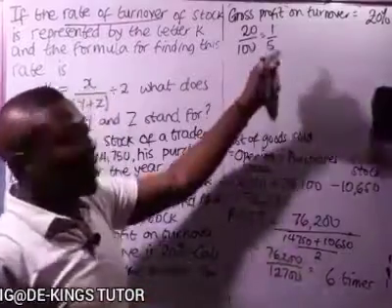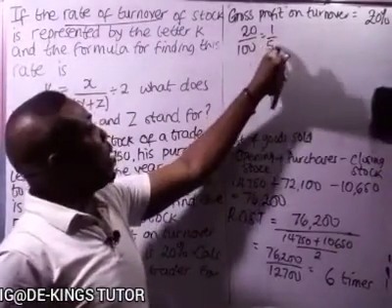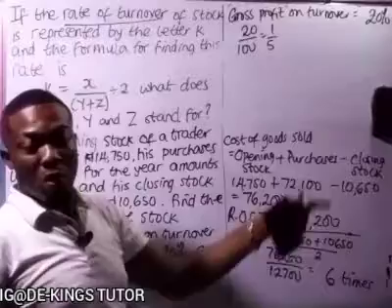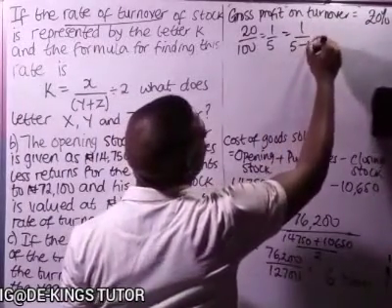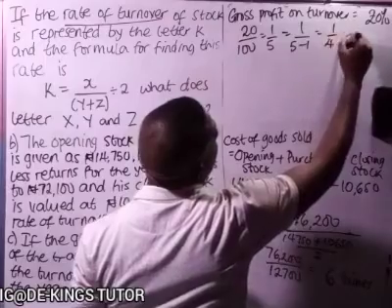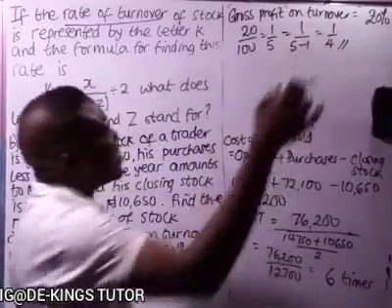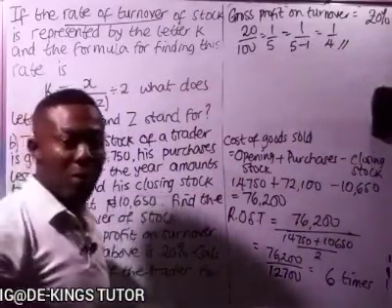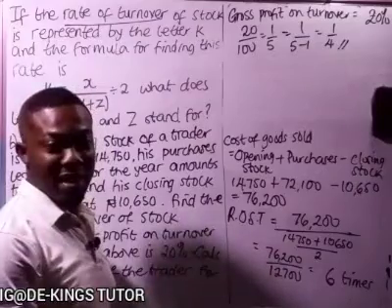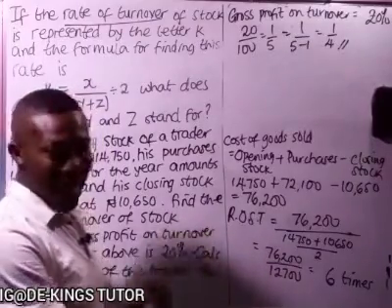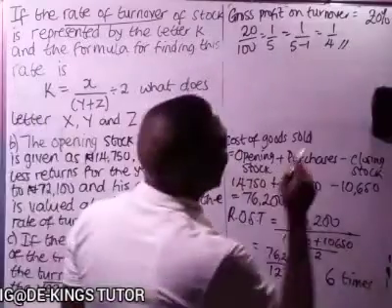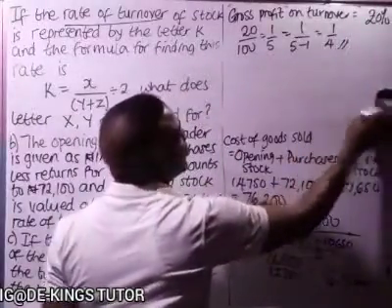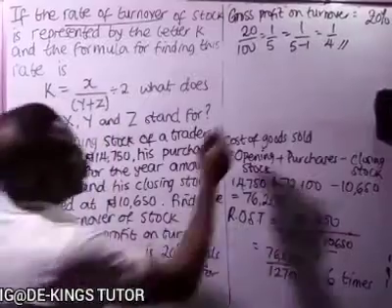We said when you are converting margin to markup, you deduct from the denominator. So we will now have 1/4. So this 1/4 is now the markup, the relationship between profit and the cost price. We'll use that to get the turnover.